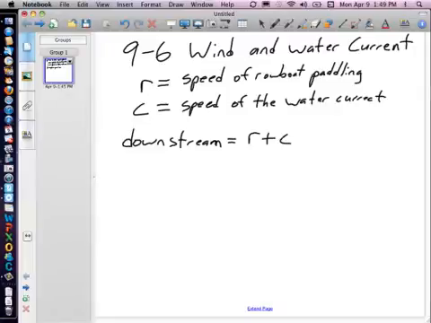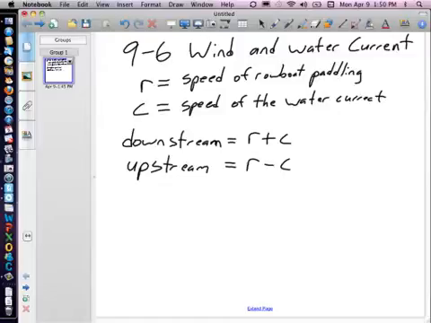So downstream, you get your own speed of rowing plus the speed of the water. Now upstream, it has the opposite effect. You get the rate at which you paddle minus the rate of the current, which we're calling C. You've probably felt this before, either swimming or rowing against the current.